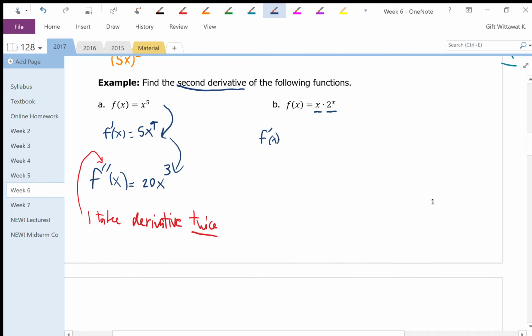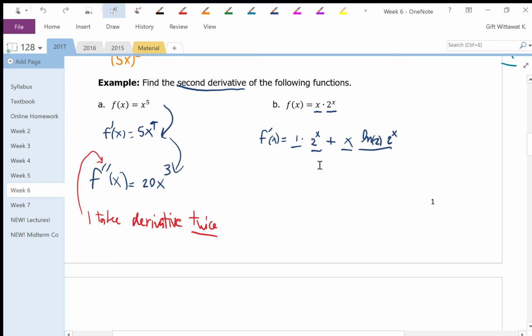So f prime of x is going to be, let's see, the derivative of the first term, so that's going to be 1 times the second term, which is 2 to the x, plus the first term, which is x, times the derivative of the second term, which is the derivative of 2 to the x, which is going to be log of 2 times 2 to the x. So this is my first derivative using the product rule.